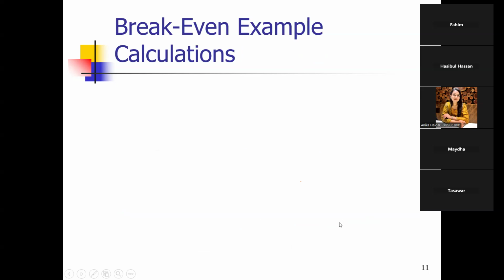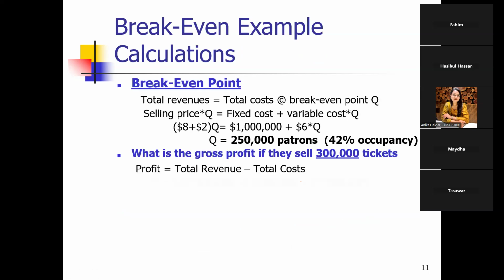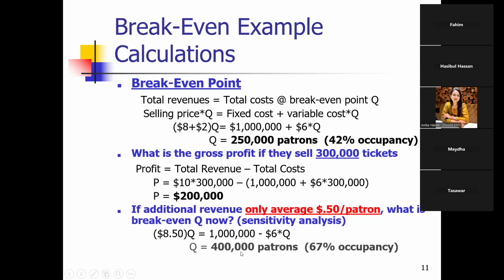So 600,000. So when you divide 400,000 by 600,000, you will get the occupancy percentage. You will get what? 400,000 divided by 600,000.